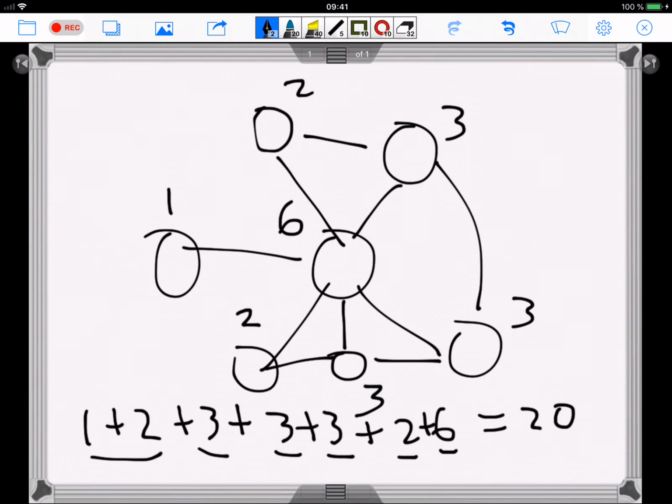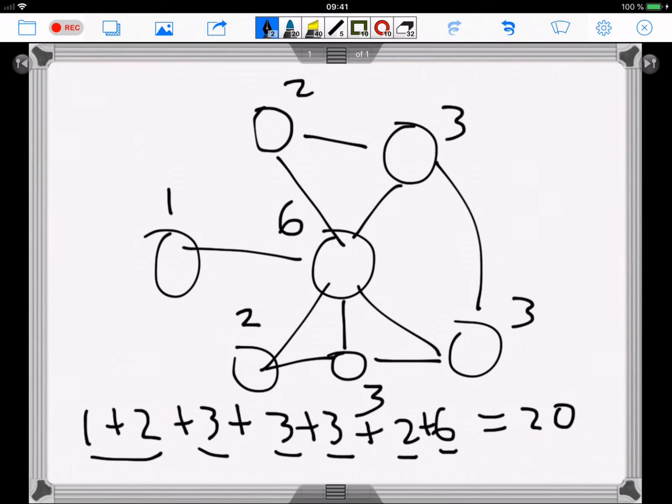Why did we know in advance, without summing up all the degrees of the vertices in the graph, that it was going to turn out to be an even number? Well, the idea is that when we sum up all the degrees of all the vertices in the graph, we are counting each edge in the graph twice.